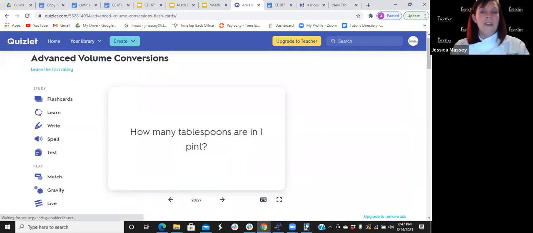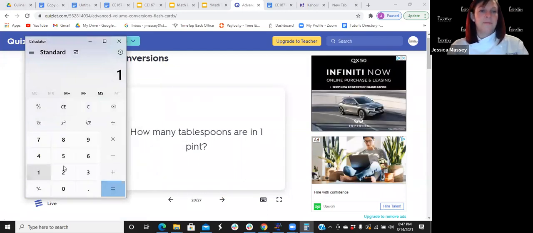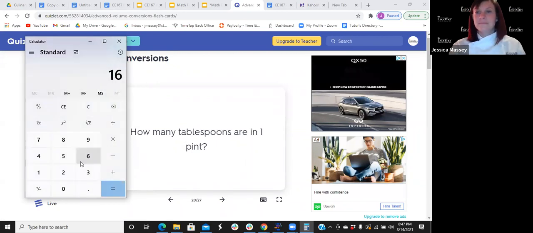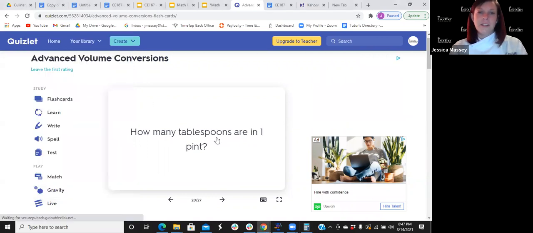You know there are 16 tablespoons in 1 cup, right? That's 16. How many cups are in 1 pint? 2. That's also something you already know. So because we're trying to find out how many tablespoons are in that 1 pint, you take your 16 tablespoons that you know are in 1 cup, you multiply it by 2, because you know there's 2 cups for every pint, and that would give you 32 tablespoons.